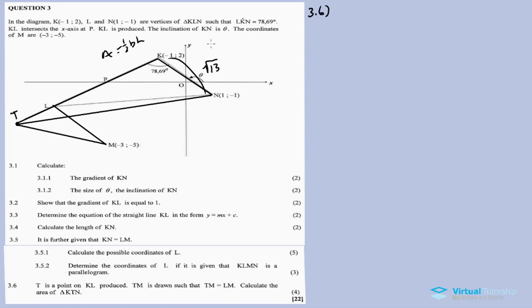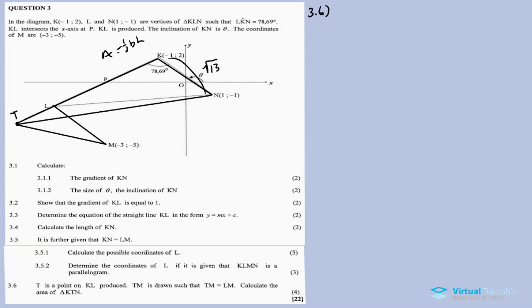Instead, in the area rule, I need the length of one side as well as the length of another, with the angle between them, in order to calculate using the sine rule. So I need this length, but I don't have the coordinates for T, or do I?